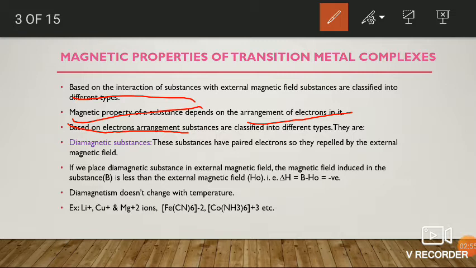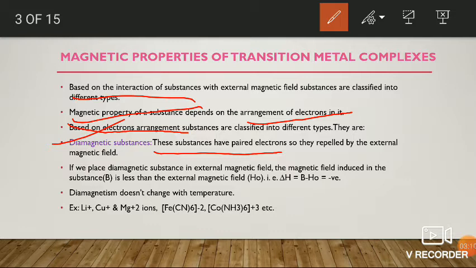If you observe them, the first one is diamagnetic substances. The substances which have all paired electrons are known as diamagnetic substances.